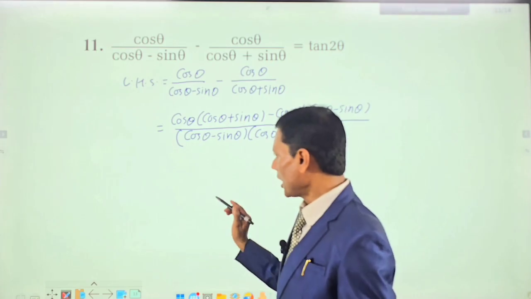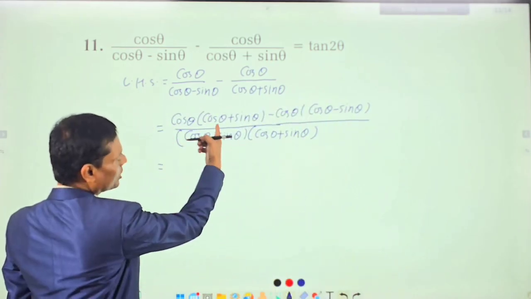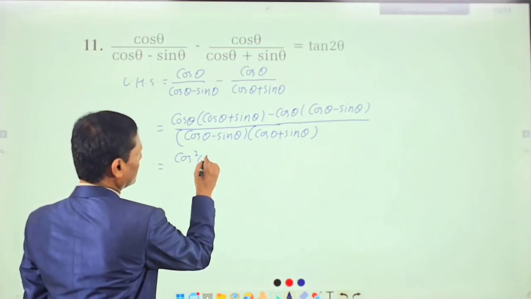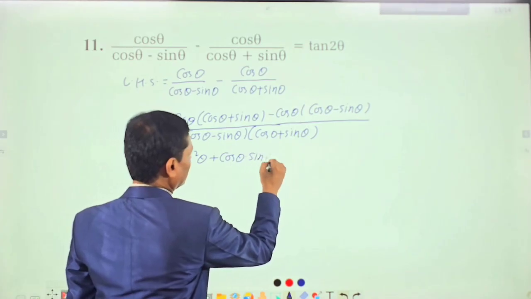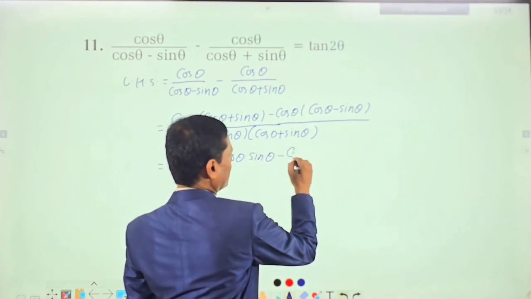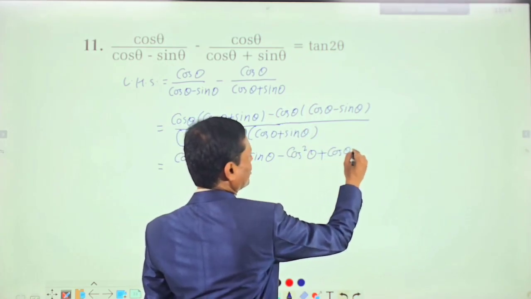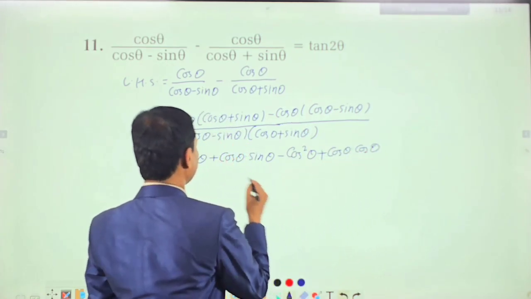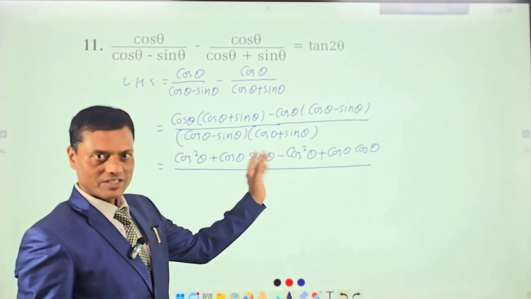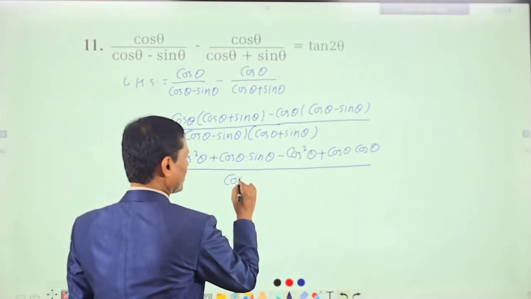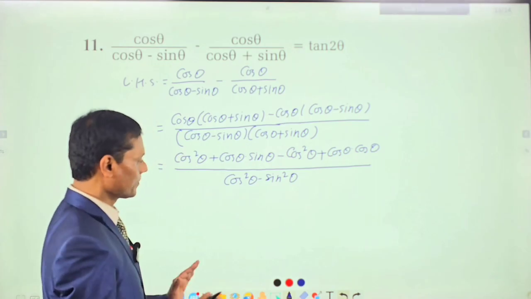Got it? After that, I'm just going to open the bracket. So cos theta into cos theta gives us cos square theta plus cos theta dot sin theta, minus cos square theta and plus cos theta dot sin theta. And here at the denominator, a minus b into a plus b means a square minus b square. So we can write cos square theta minus sin square theta. Got it?